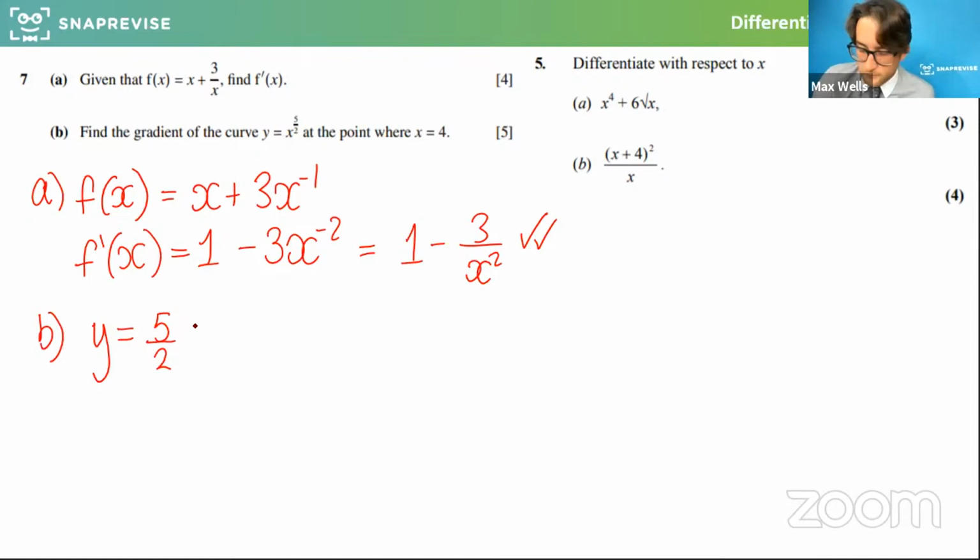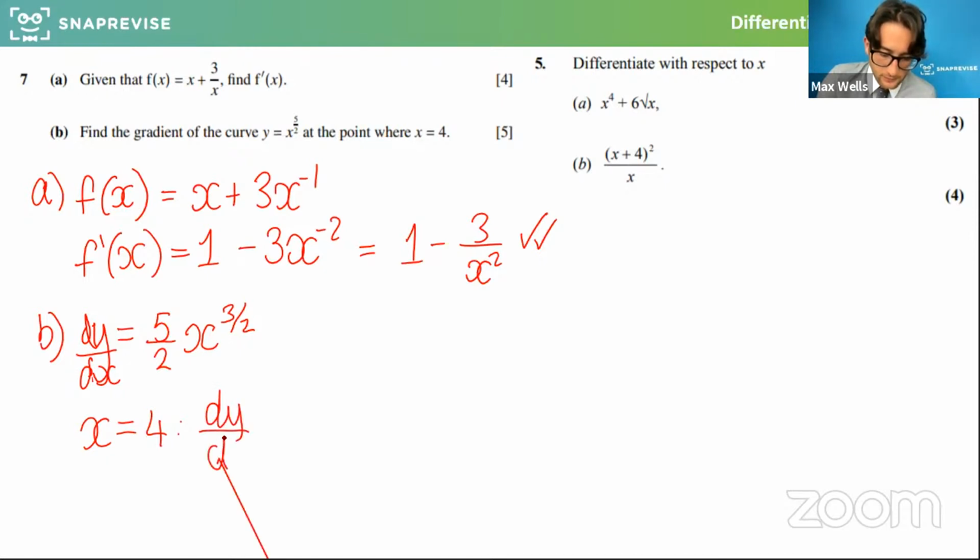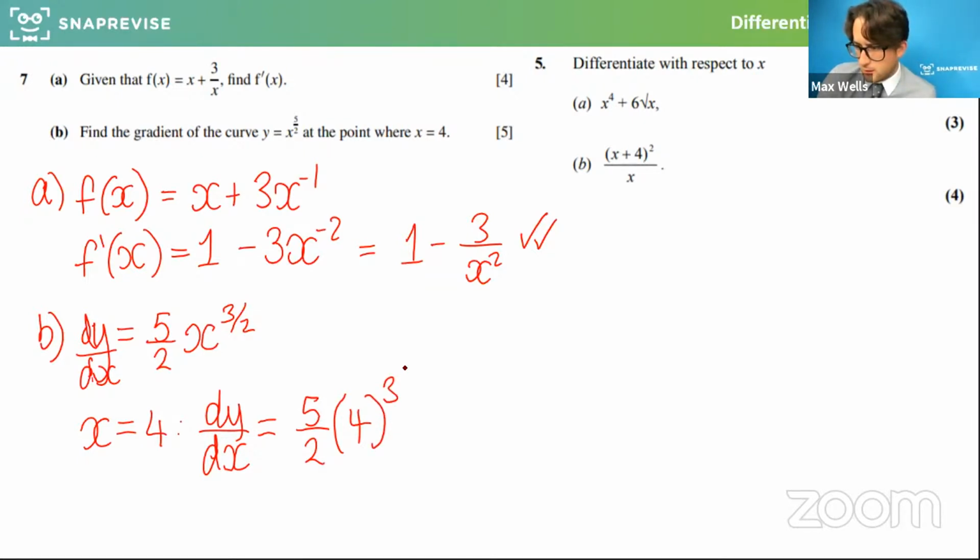So 5 over 2 x to the 3 over 2 is the derivative. If we want it at the point where x equals 4, that's not y, sorry, that's dy/dx. Then the value when x is 4, dy/dx is equal to 5 over 2 times 4 to the 3 over 2.